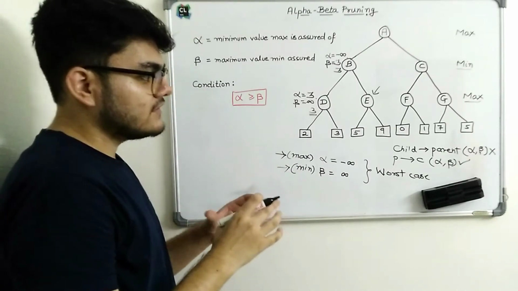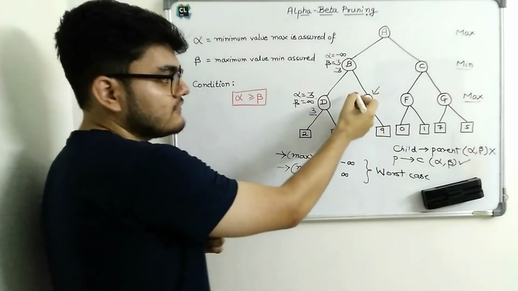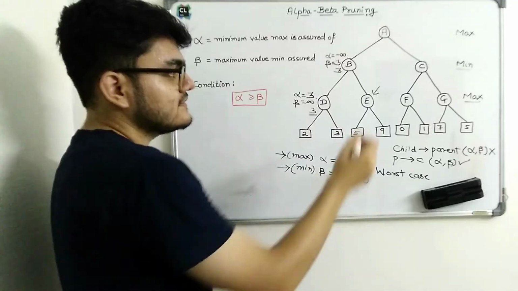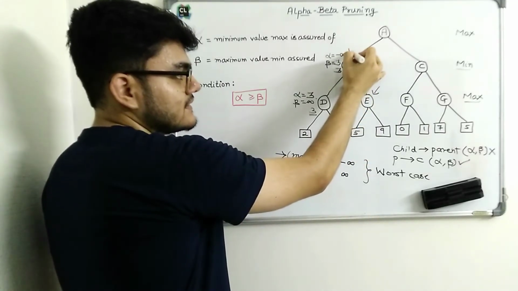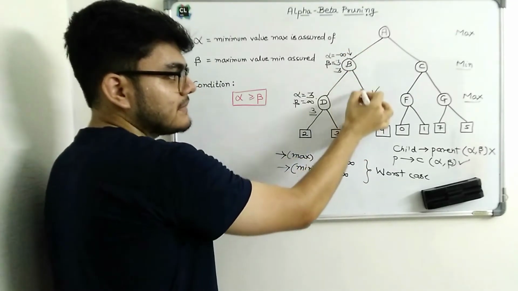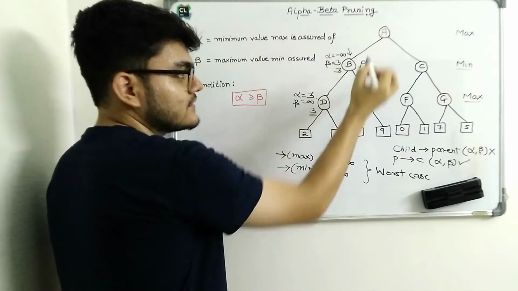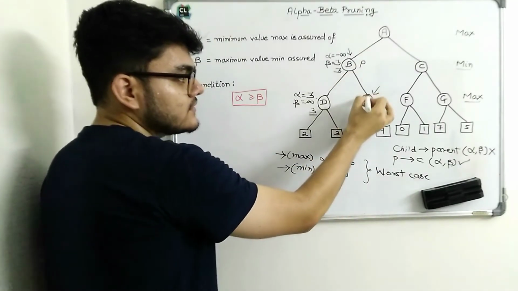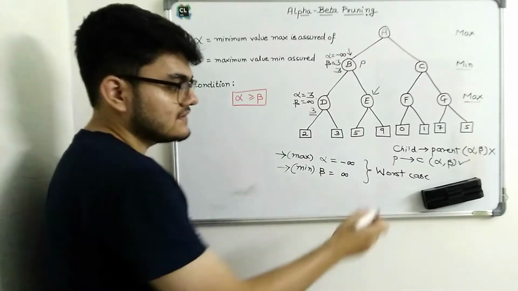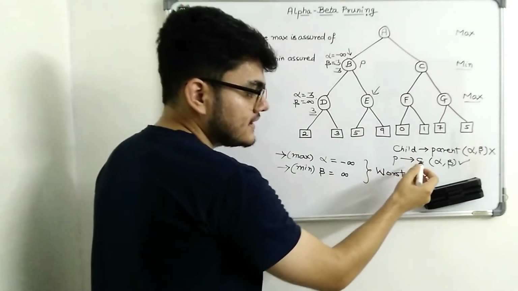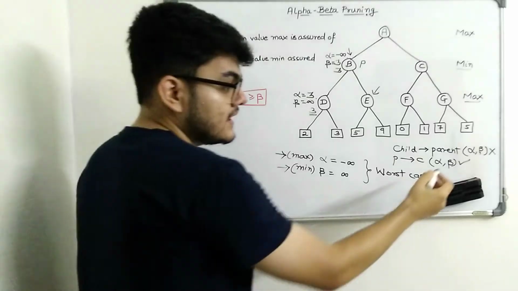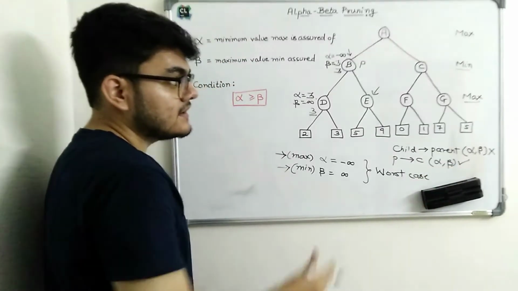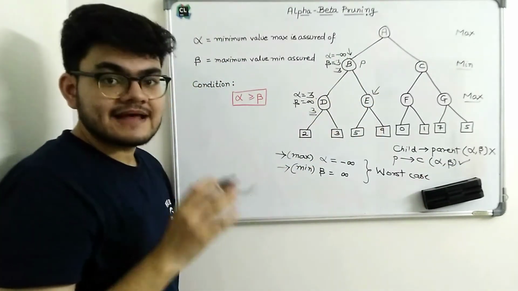Now you can see that when we are trying to backtrack and now we are going to this node, I was at this node, and this was the parent node. So I'm just going to write P here, that this was a parent node, and now we are going to the child node. So if we move from parent node to the child node, the values of alpha and beta will be transferred exactly.